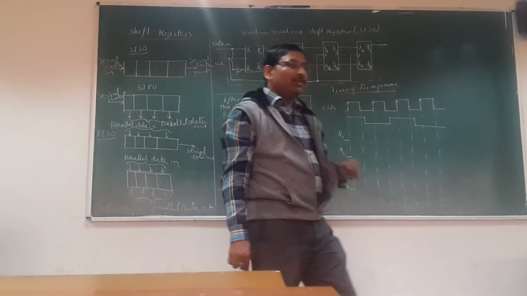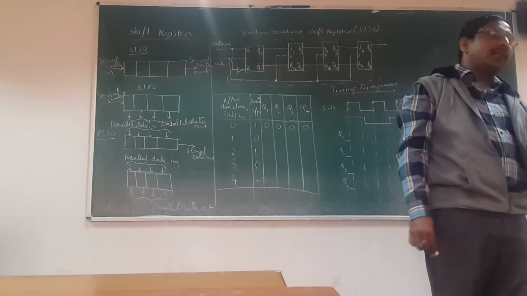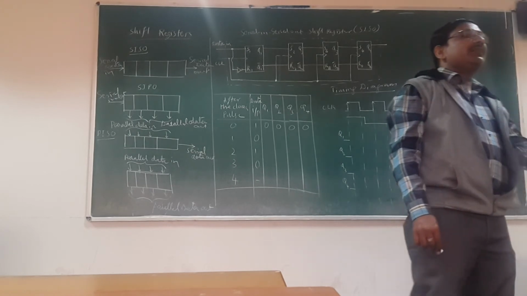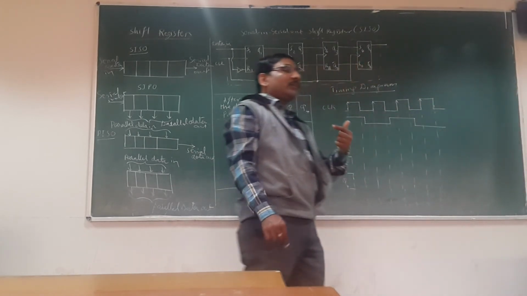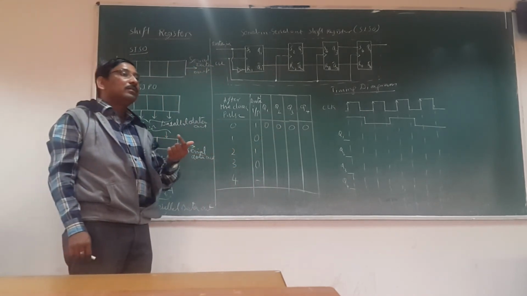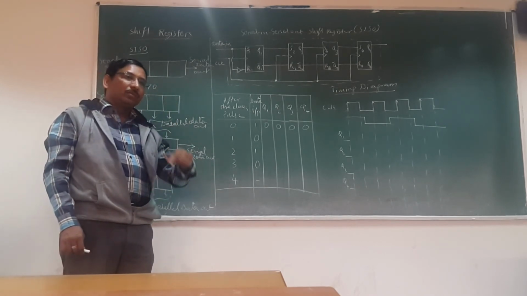I gave the analogy of entering the bench and coming out of the bench. When I say the number, only then do I have to enter, one after the other. Here also, the shifting of the students is controlled by the number I say: 1, 2, 3, 4.